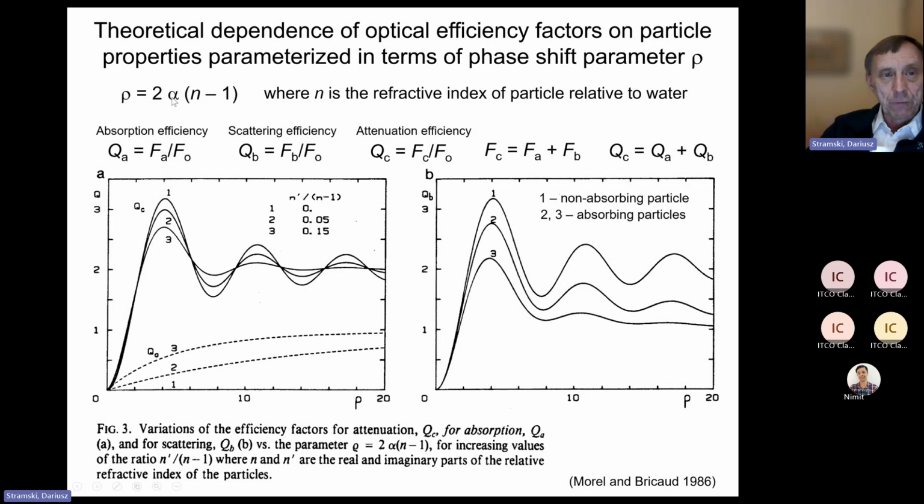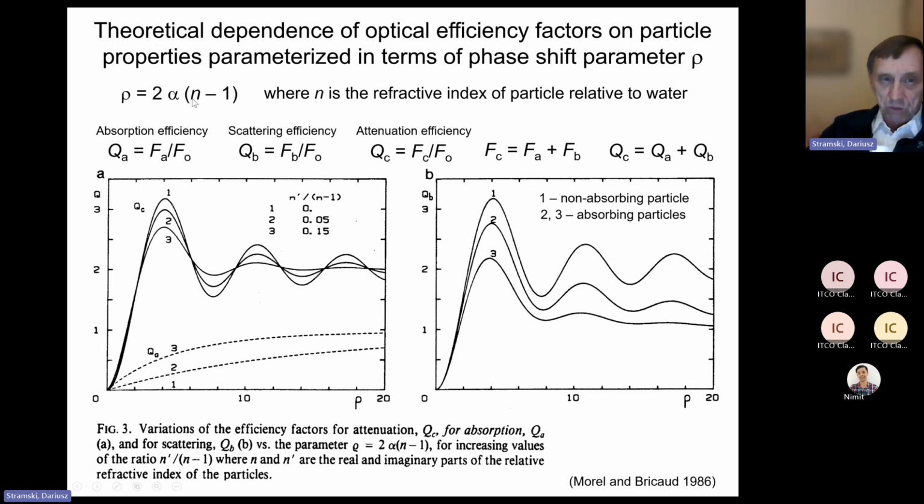Again, we have alpha. This is the relative size of the particle relative to light wavelength. And you can see here another component of this product is n minus 1, where n is the refractive index of the particle relative to water.